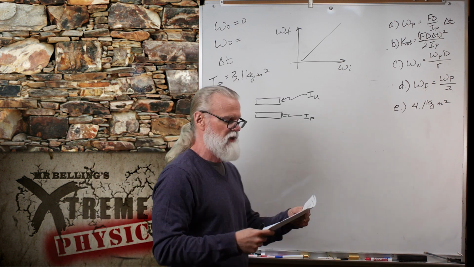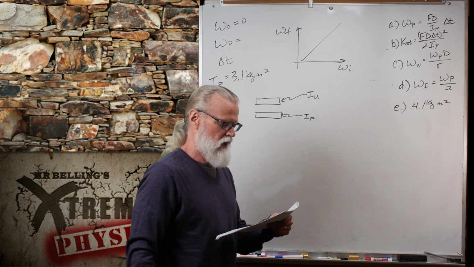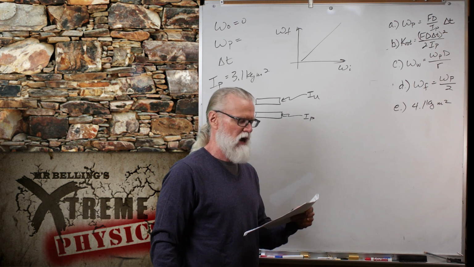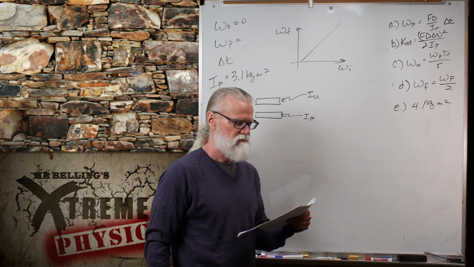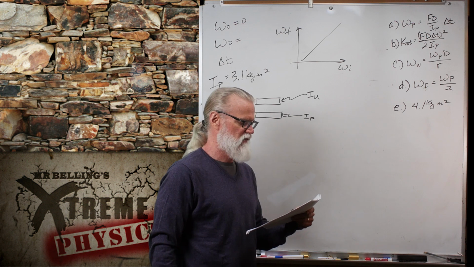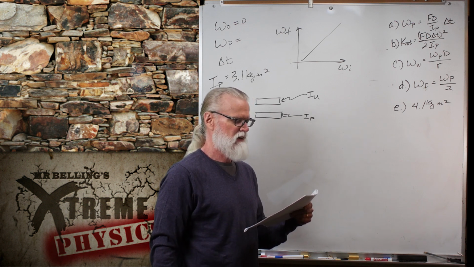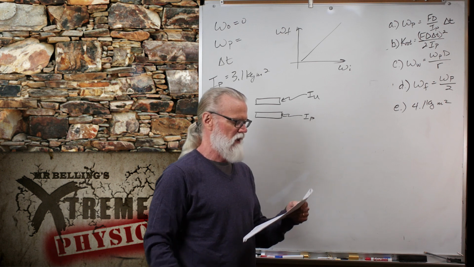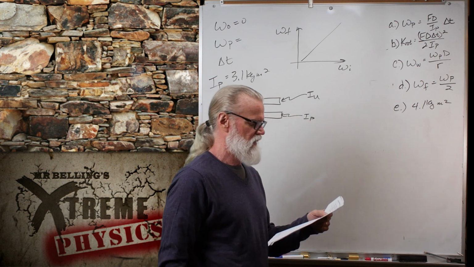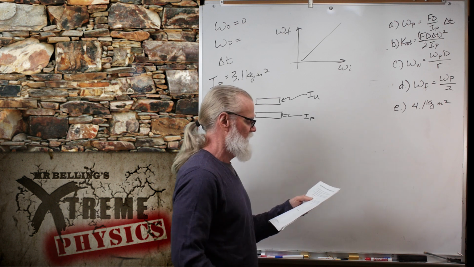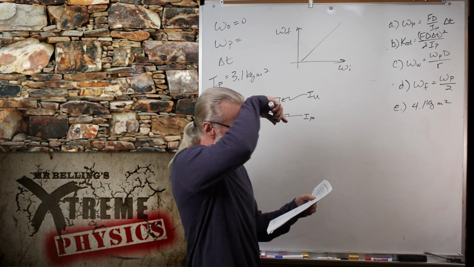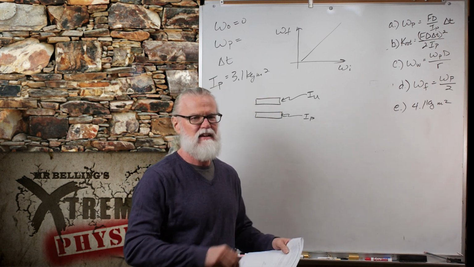The kinetic energy of the spinning platform before the object is dropped is K initial. The total kinetic energy of the object-platform system when it reaches angular speed omega f is K final. Which of the following is true? All right, so this is definitely an inelastic collision.